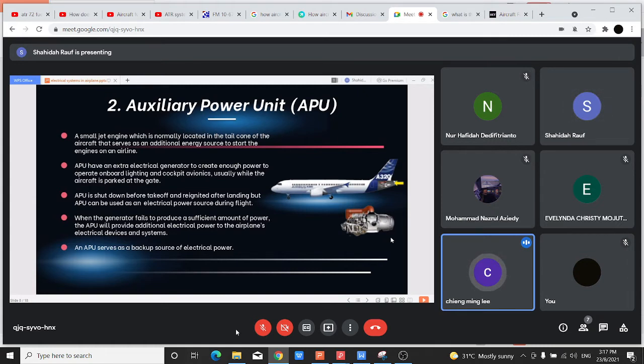Normally there are two generators, one to give you AC and one to give you DC power, so you supply all the power for the aircraft, AC and DC.